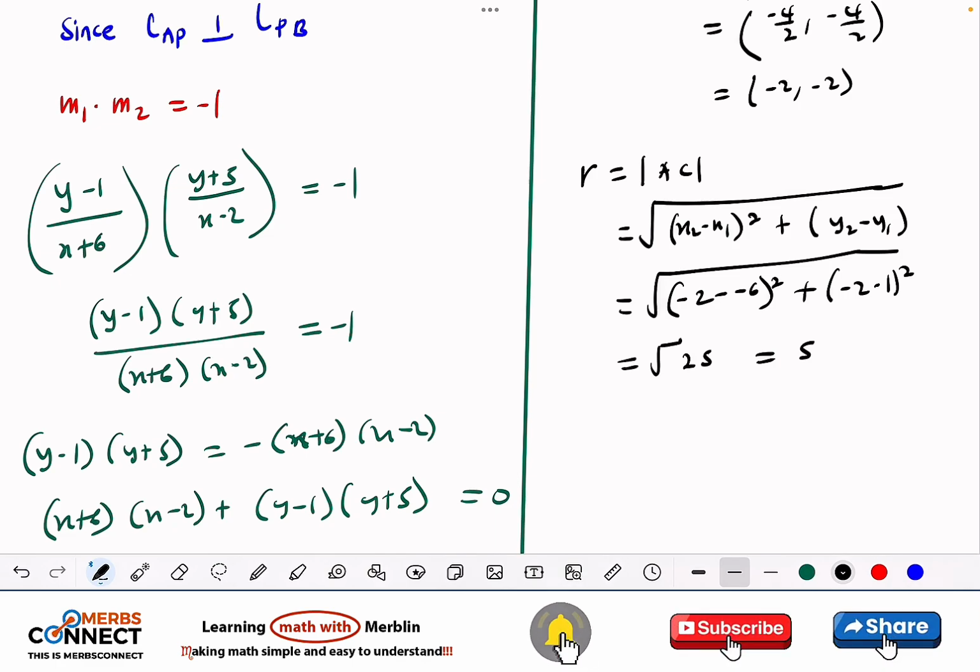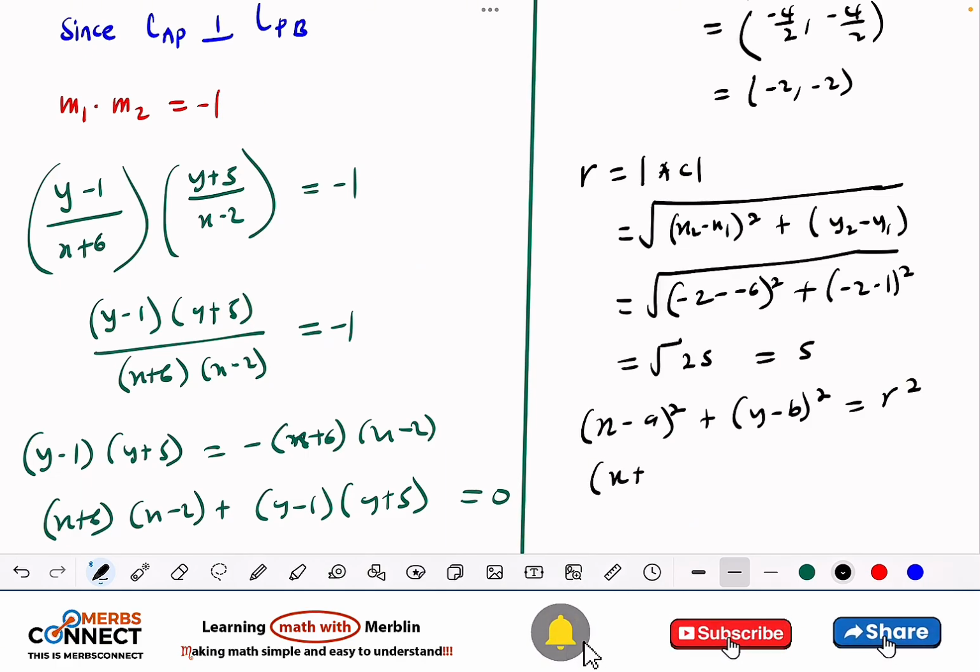The equation of the circle is (x minus a) squared plus (y minus b) squared is equal to r squared. So let's go. Now we are going to have (x plus 2) squared plus (y plus 2) squared is equal to 5 squared. That's what we are going to get.